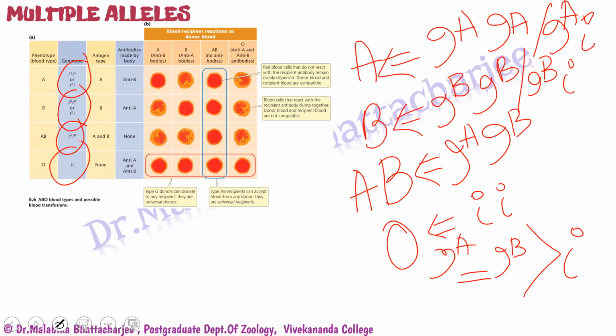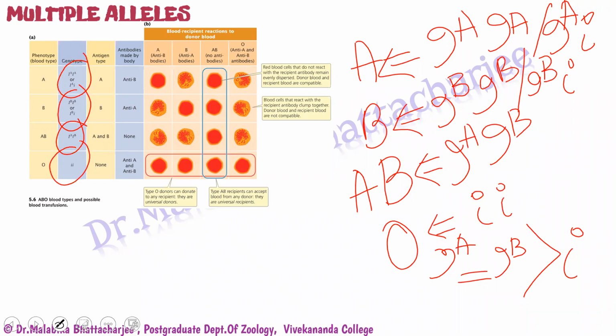Now keep in mind how these alleles are controlling the blood group. The IA and IB alleles encode an enzyme known as glycosyl transferase.